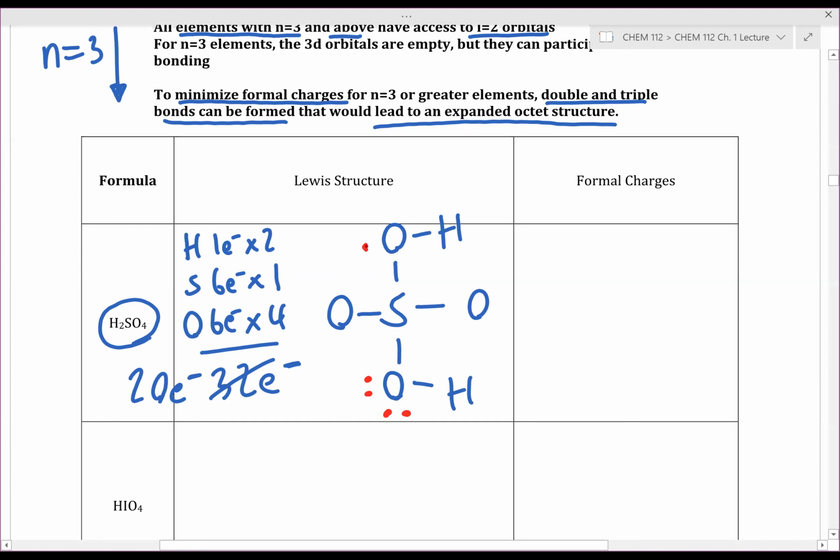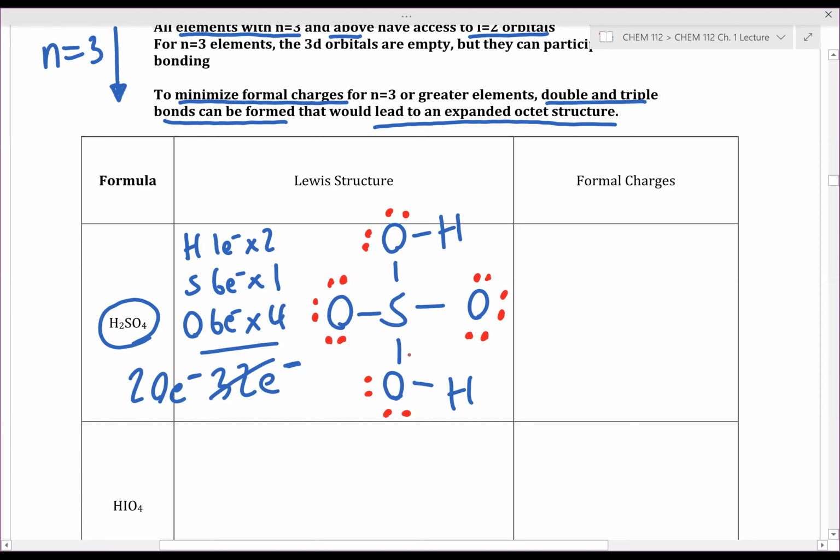This top oxygen is exactly the same, needs 4 electrons. Okay, what about the oxygen on the left here? How many lone pairs does it need? Well, 6 electrons, 3 lone pairs. Yep. 2, 4, 6, 2, 4, 6. So in total, we've used up 2, 4, 6, 8, 10, 12, 14, 16, 18, 20. We've used up all 20 of our electrons.